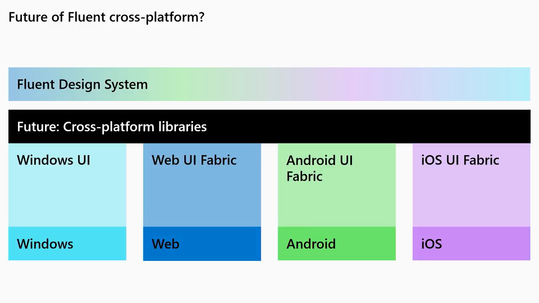Well, Fabric Mobile is a set of what we would just call native libraries, meaning that it's very possible to set up wrappers for Xamarin or React Native. And right now, while we're focused on making a great Fluent experience native for each platform, we're looking carefully at how you can plug in to those other technologies and to give you a really easy way to access them on cross-platform technologies. In other words, we want to meet you where you are.